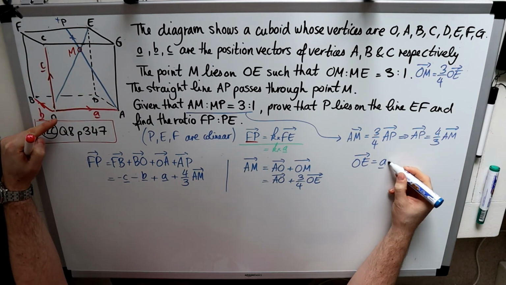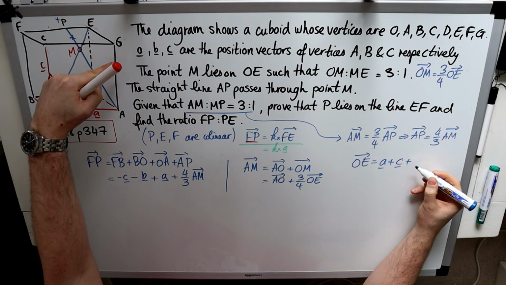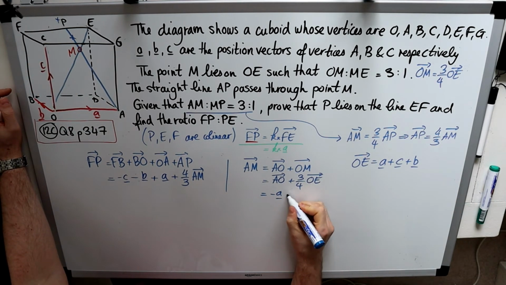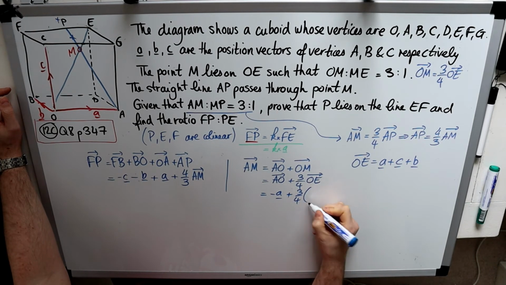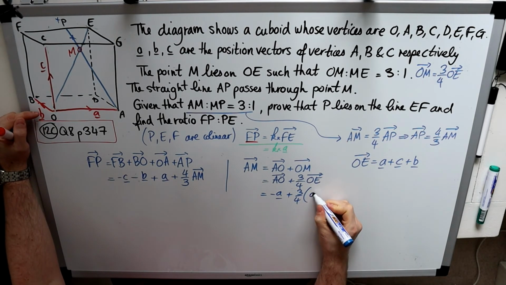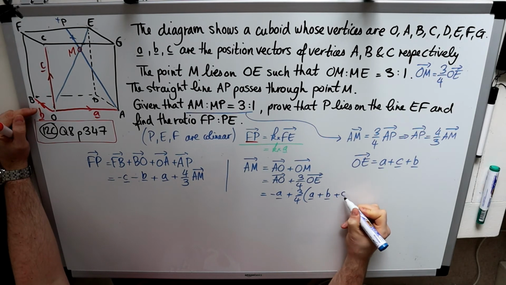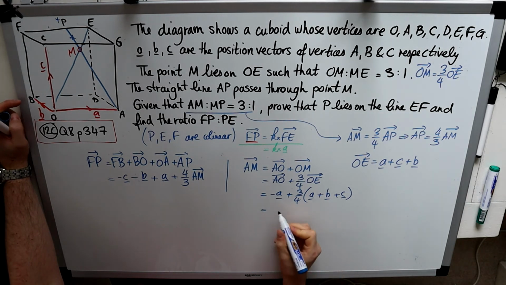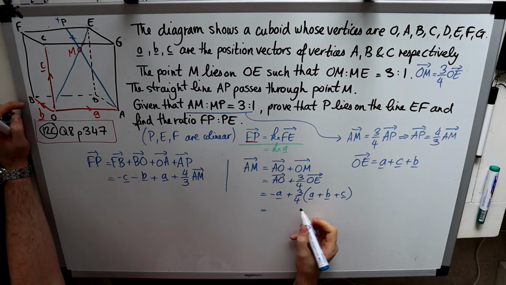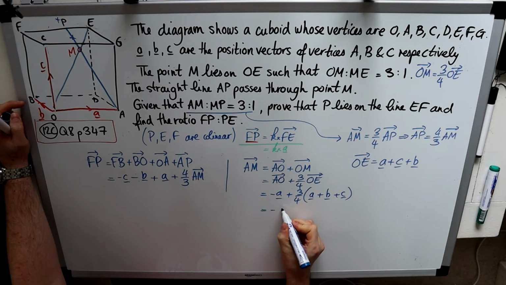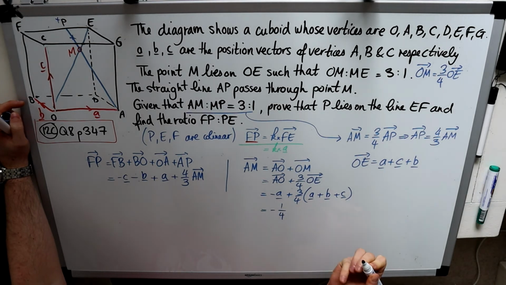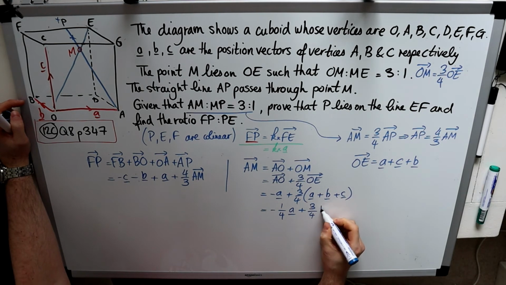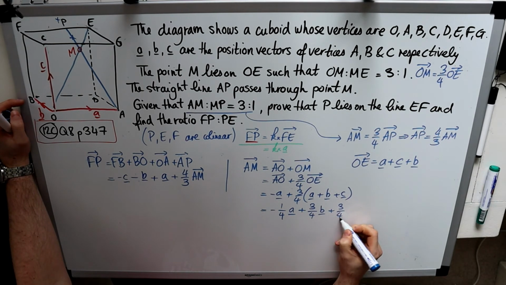That is equal to A plus C plus B, which means that this is actually minus A plus 3/4 of OE, which is this, A plus B plus C, giving us, if I do this all together, take away A, that's going to be minus 1/4 of A plus 3/4 B plus 3/4 C.